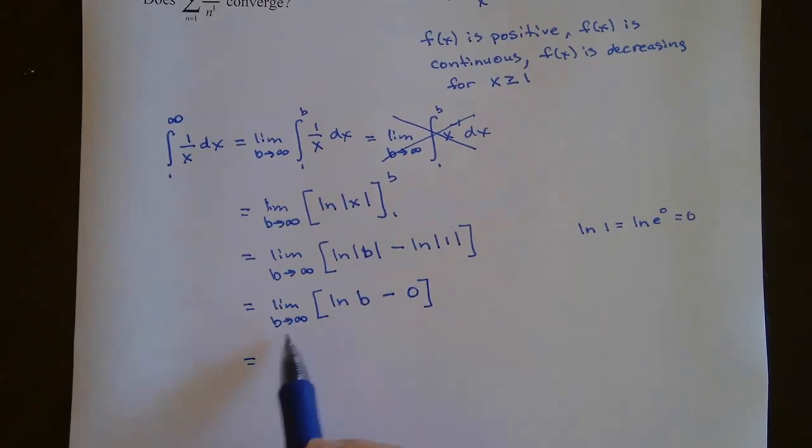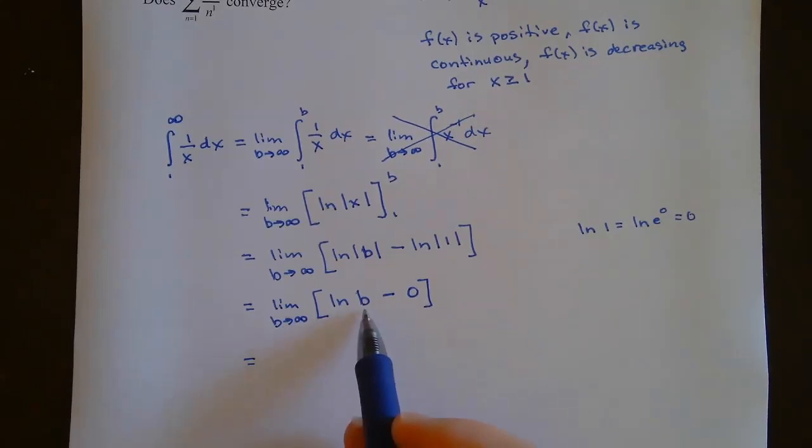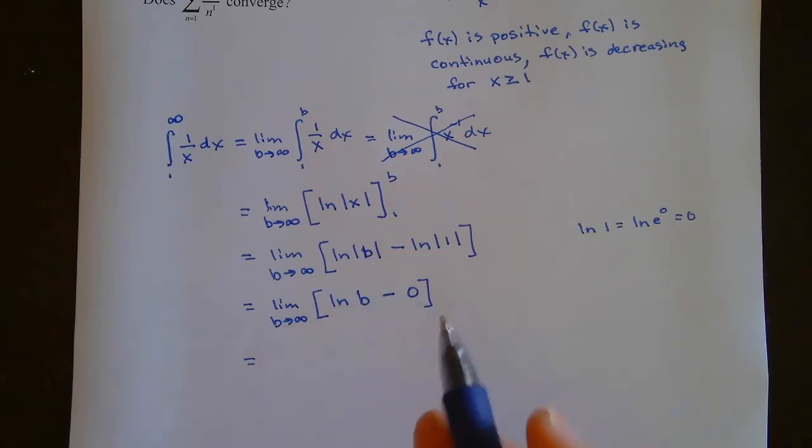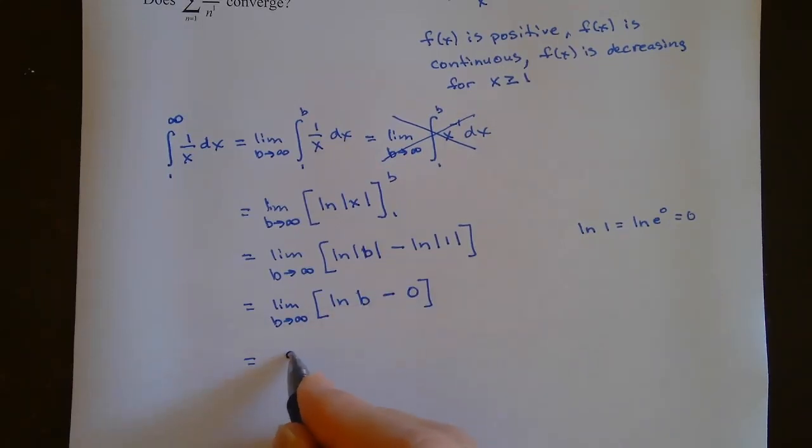Okay, so the limit as b goes to infinity of natural log of b. Well, what happens as b goes to infinity for natural log? It just keeps getting bigger and bigger and bigger. Slowly, but it gets bigger. So this is infinity, which tells you that the integral diverges.